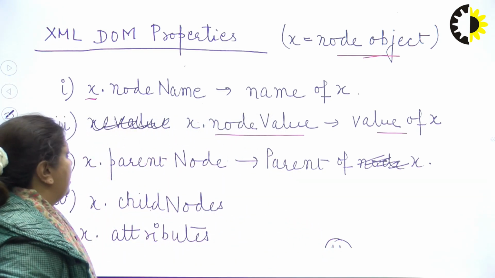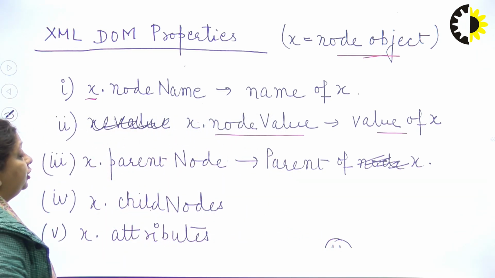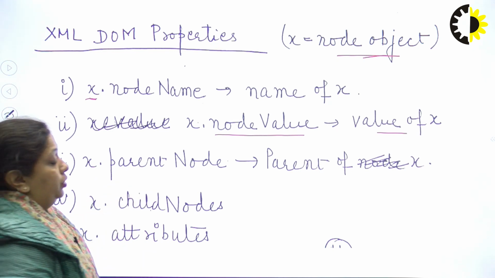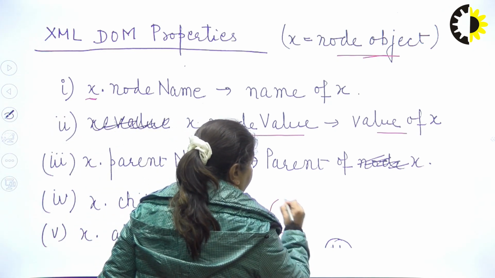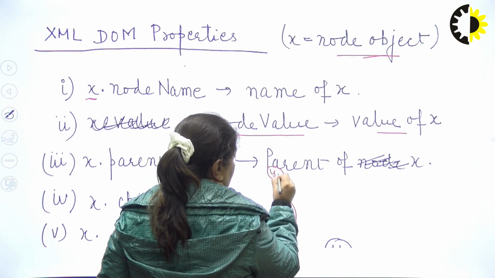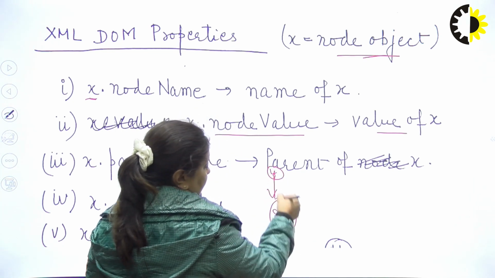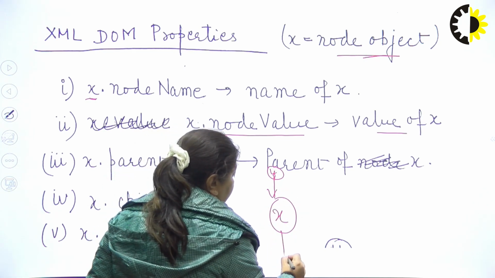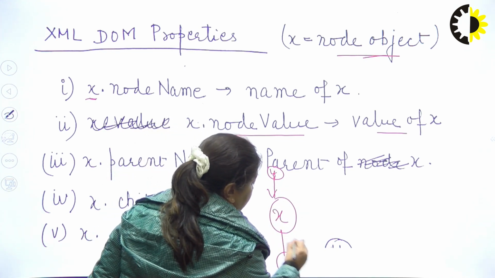Now we have a third property that is x dot parent node. Now suppose I have a node x and I have a parent node for this node x, and even I have certain child nodes.